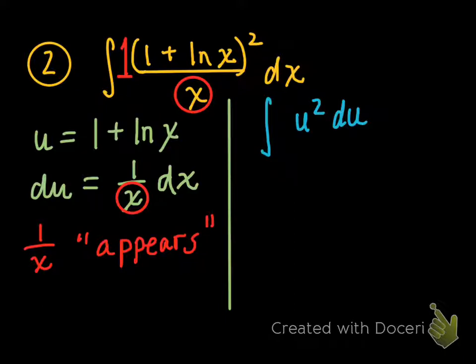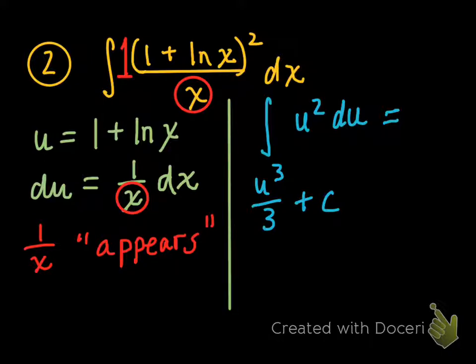Instead of the 1 over x dx, I replace all that with a du. There's no single part of this original problem that isn't represented either with the u or the du. So now I've got to integrate this simple scenario: add 1 to the exponent, divide by the new exponent. I get u cubed over 3 plus c.